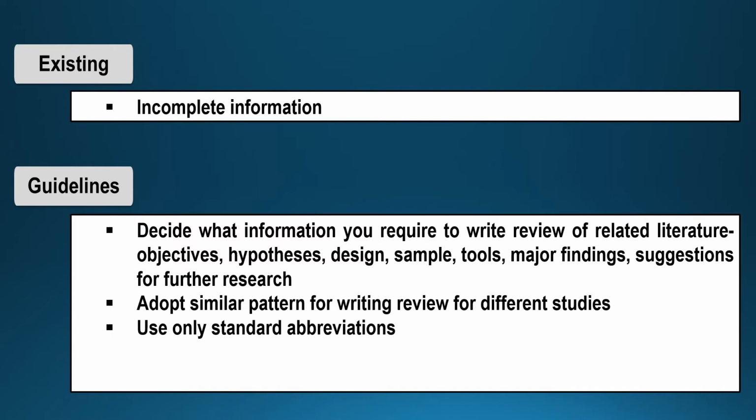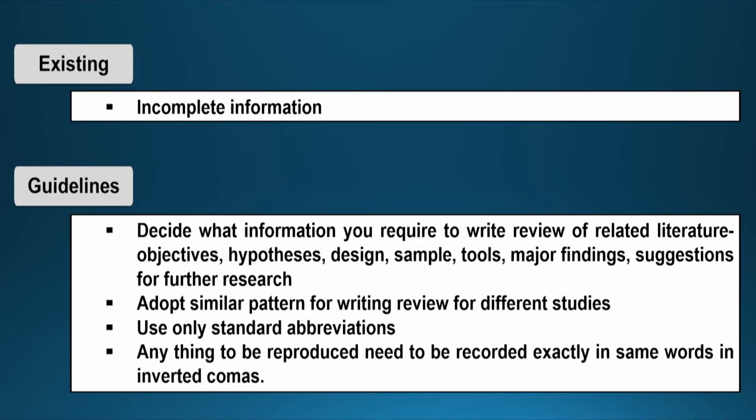So at a later point of time when you are synthesizing the information, it becomes easier and you are able to interpret the abbreviations which have been used in recording the information. So in other words, the researcher needs to record the complete information from the various sources of information and report that information in a consistent manner in the review of related literature.